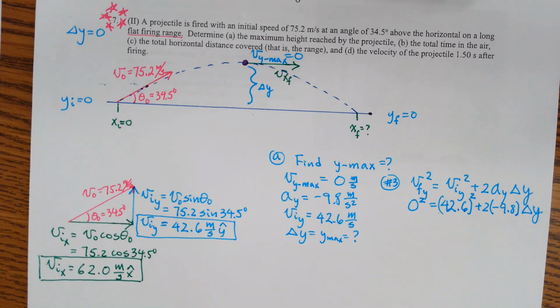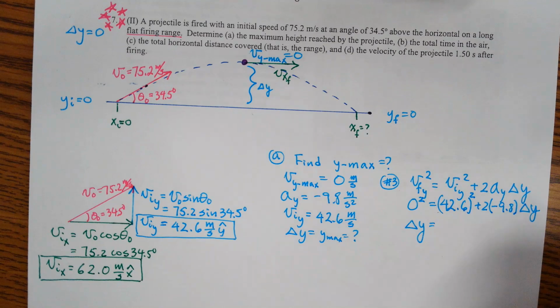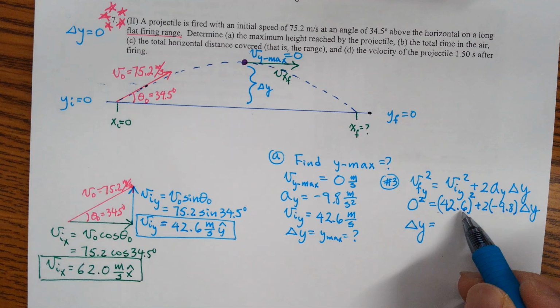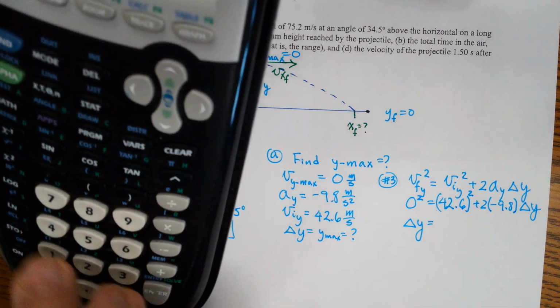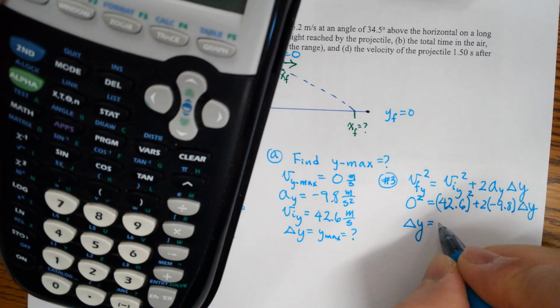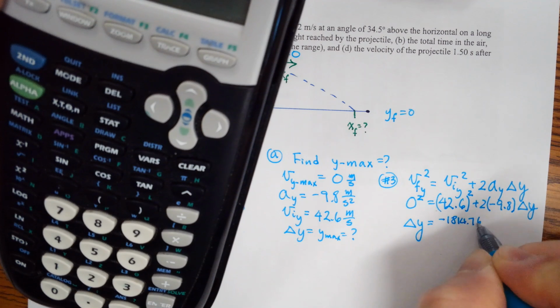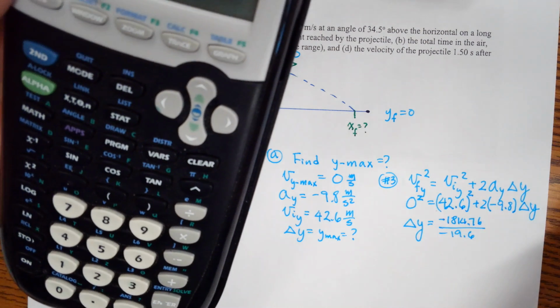If you solve for delta y, you square it and bring it to the other side, you get the negative of that. So you get 42.6 squared, which is 1814.76, and then negative, divided by negative 19.6.